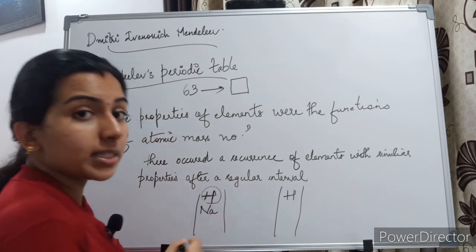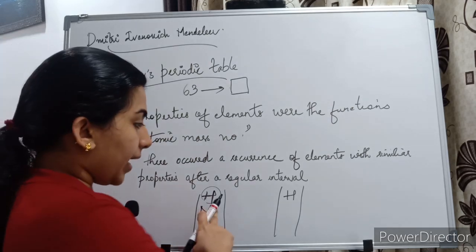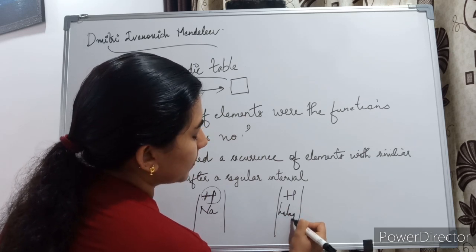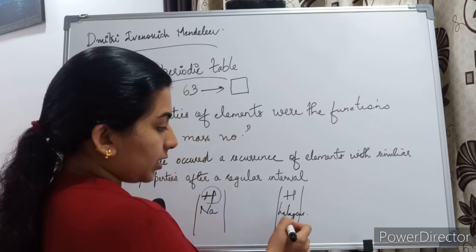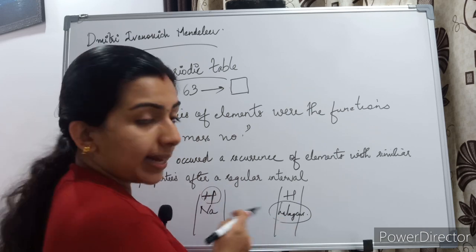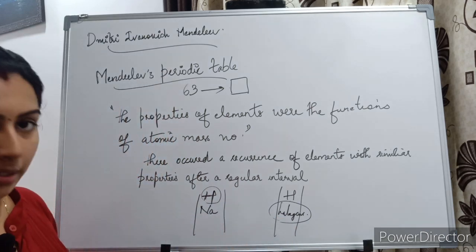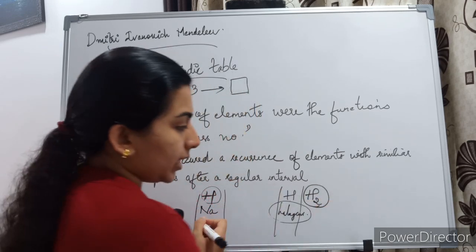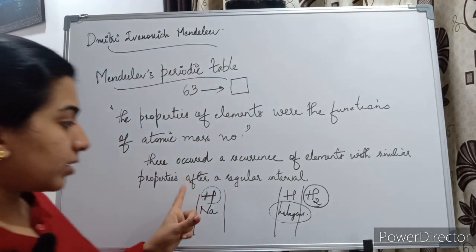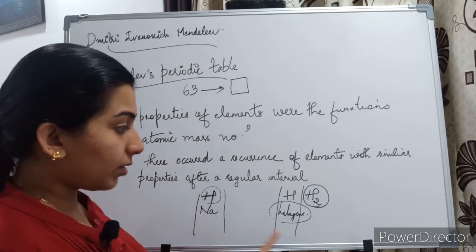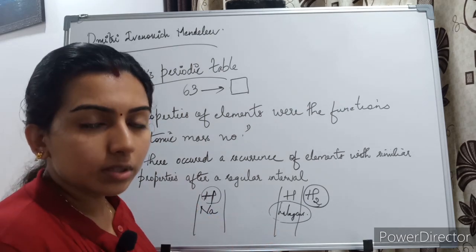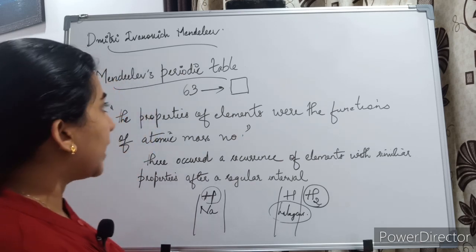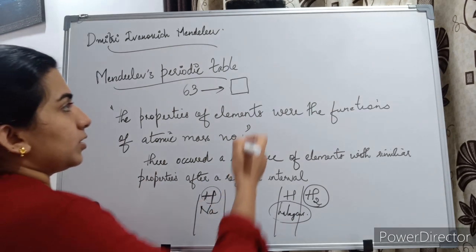And also, similar to halogens, which form diatomic molecules like Cl2, Br2, hydrogen also existed as a diatomic molecule. So whether hydrogen should be placed in the alkali metal family or halogen family, there was a confusion. So this was the limitation of Mendeleev's periodic table, and this was also not successful.